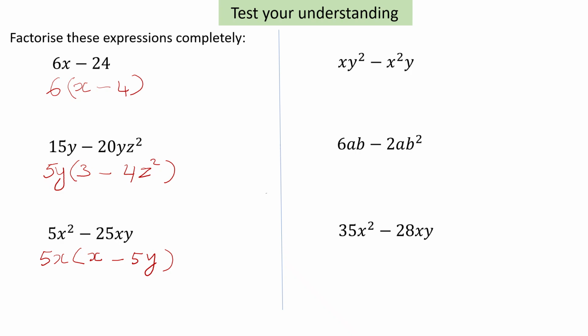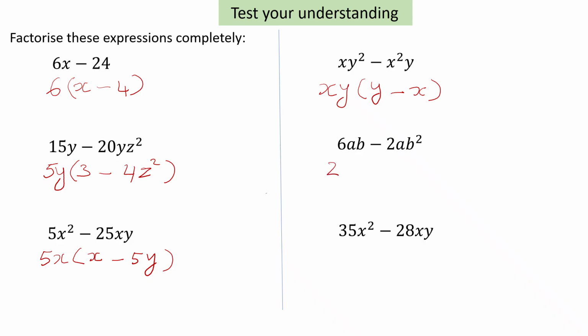xy squared minus x squared y. Both terms have x and y, so xy outside the bracket. So inside the bracket, y minus x. 6ab minus 2ab squared.